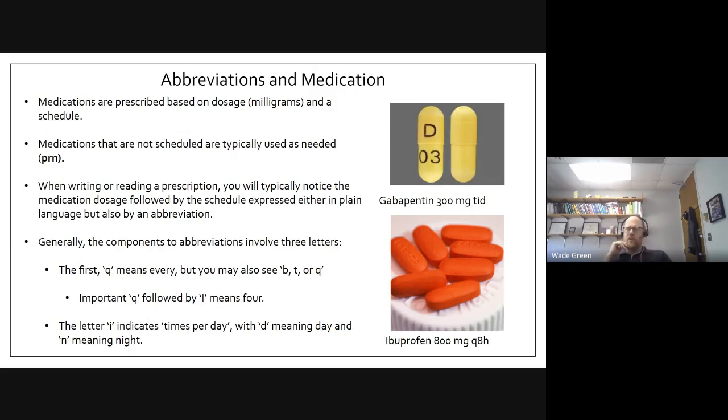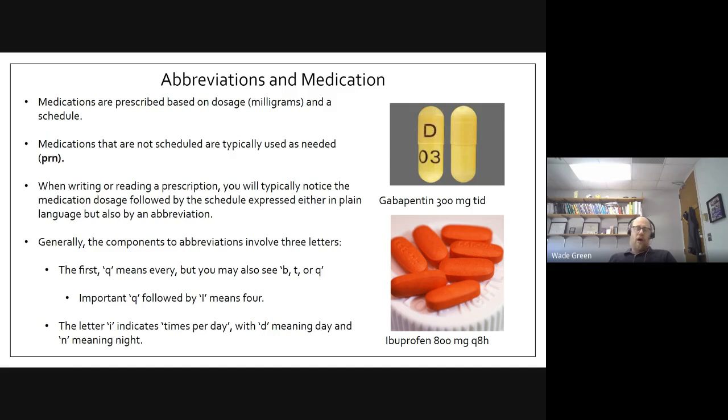So really quickly, let's talk about medications. Generally speaking, when you see these things written out on a prescription pad or in a plan of care, usually these are prescribed with dosage written out, and also a schedule for dosing. Medications that are not scheduled are taken as needed, with the abbreviation PRN. PRN means as needed.